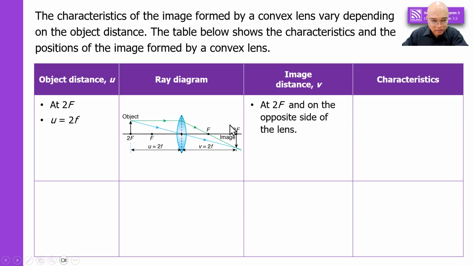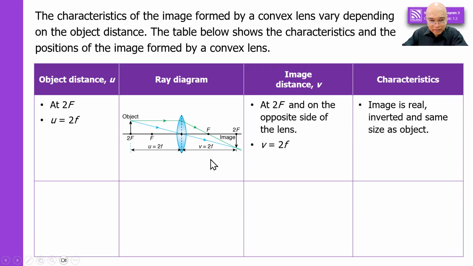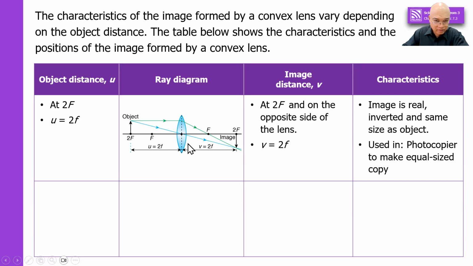On the opposite side of the lens, the image distance, that is V. Remember, V means image distance. This is the object distance. This is the image distance. So the characteristic of this is the image is real, inverted and the same size as the object. All right. So used in a photocopier to make equal sized copy. Okay, when you use a photocopy.